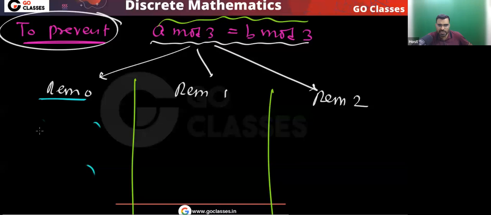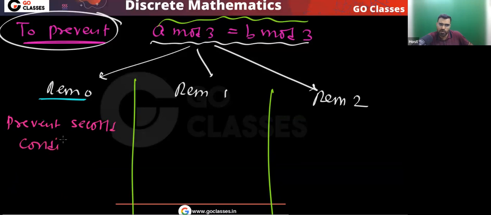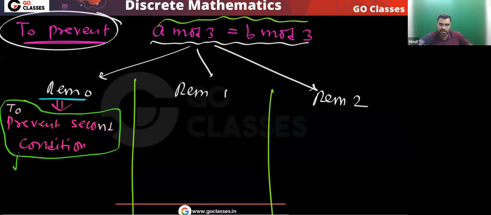So in this first category, how many ordered pairs can I take to prevent the second condition? I can take 5 ordered pairs.